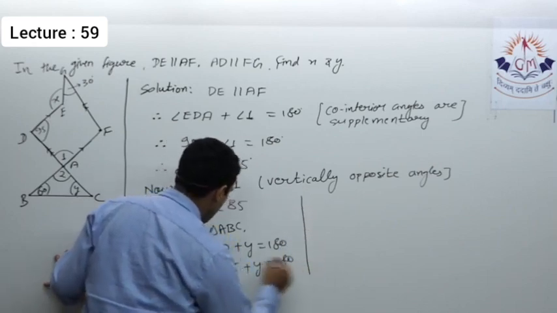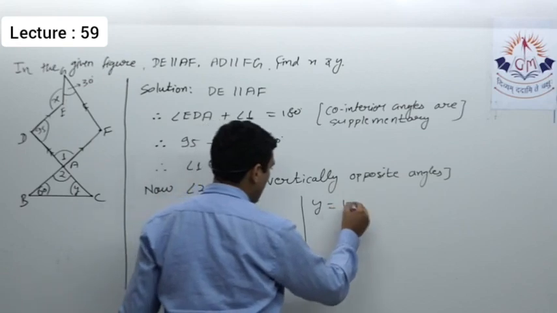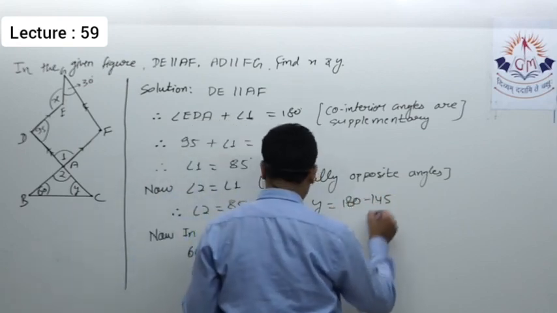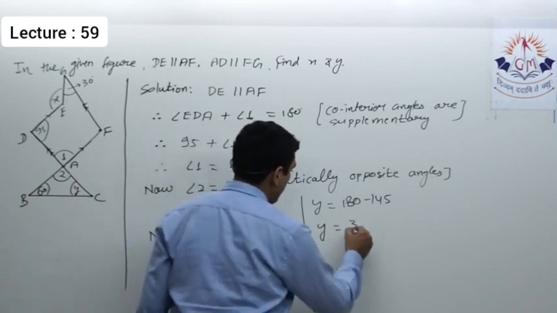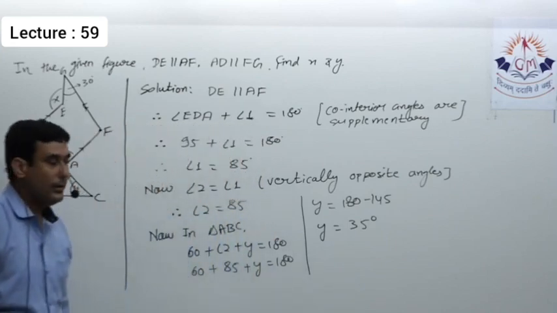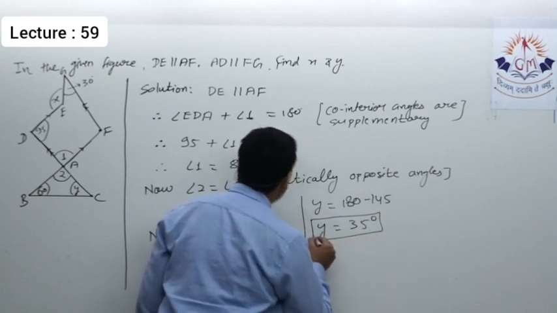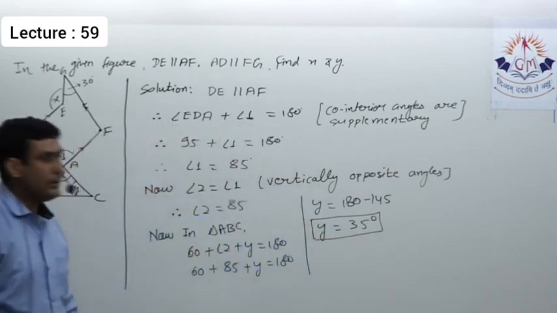So I can say y is equal to 180 minus 145. Therefore y is equal to 35 degrees. So here I got the measure of one angle that I was required to find, y. Okay, so note it down.